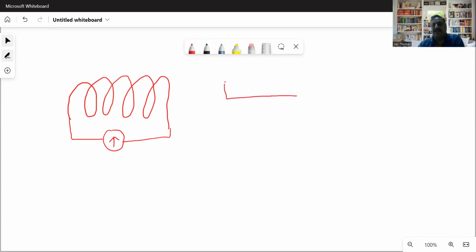This is a bar magnet. North and south poles I marked. Surrounding the bar magnet, magnetic field lines are there. Magnetic field lines start from north and move towards south, and then inside the magnet from south to north. That all you know.